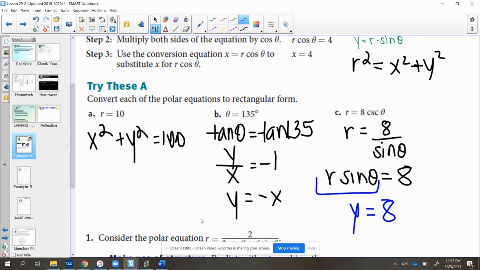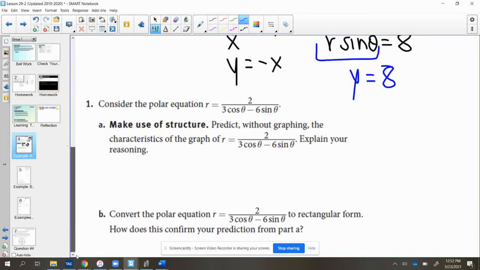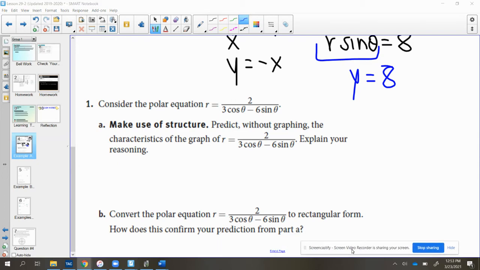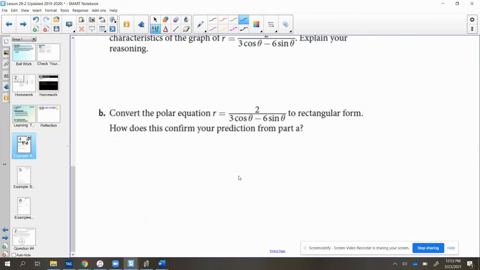Now, if we look at this line here, this actually is going to also be the equation of a line similar to what we had up above, but it's not going to be a vertical line or a horizontal line like we saw with the examples up above. So when we start converting for this one, the process is kind of similar to what we did above.